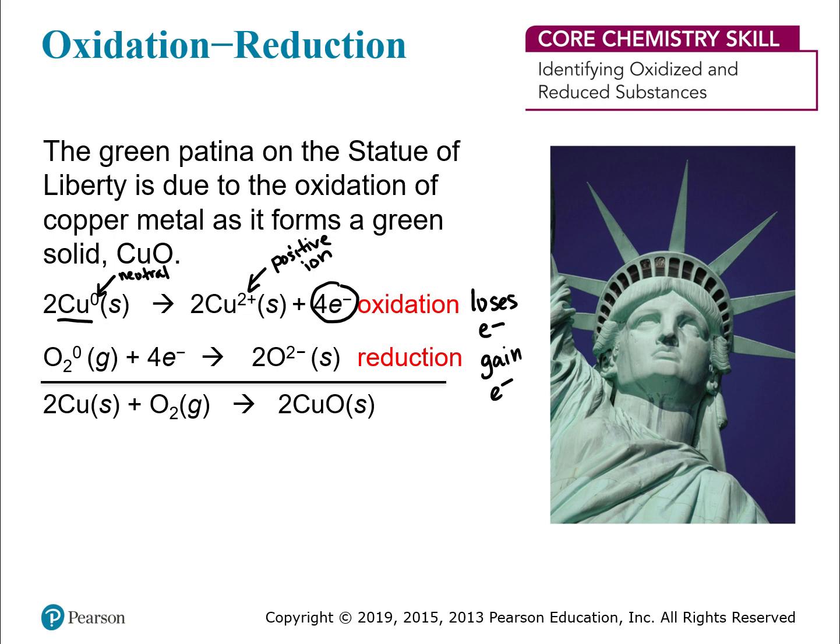So if you're losing electrons, you'll see something positive being formed, and you'll also see some electrons on the product side. If you are gaining electrons, then you'll see those electrons on the reactant side.